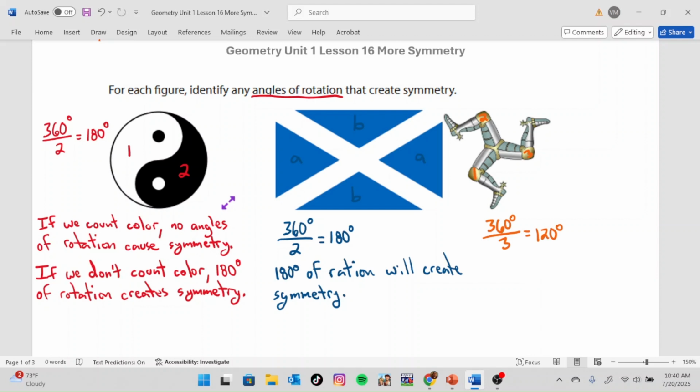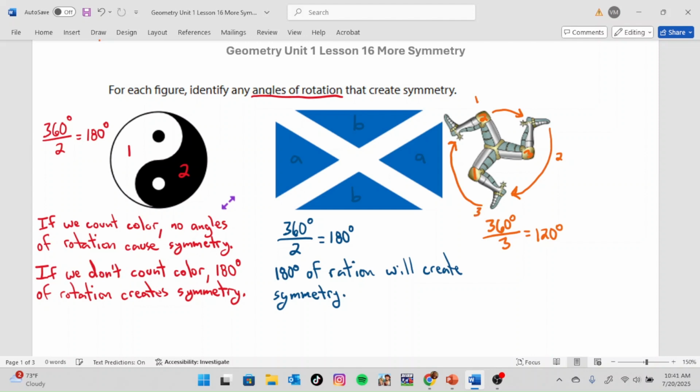So if I were to rotate 120 degrees, leg 1 would go to leg 2, leg 2 would go to leg 3, and leg 3 would go to leg 1. And I would have the same image. But then, this is now 1, this is now 2, and this is now 3.